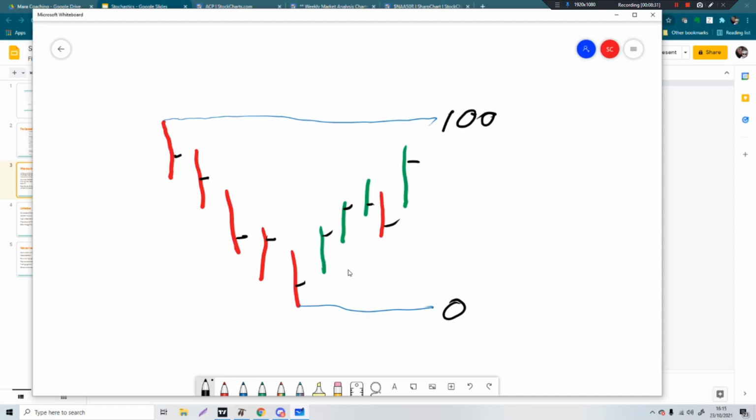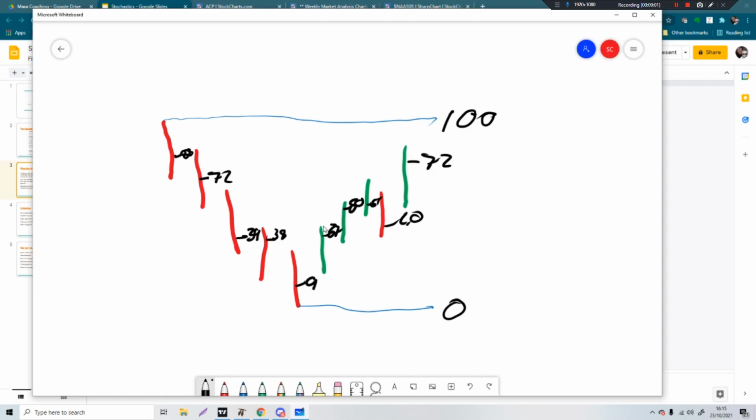This would be maybe 88 or something. That might be 72. This might be 39, 38. And that one might be 9. And then we're back up 37, 50, 51, 40, 72. So when you actually see a stochastic, these are the lines that would be plotted on the chart.